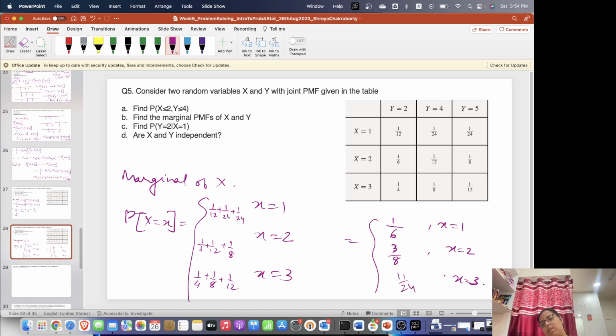If we add these three up, is it coming to 1? I hope you're getting this. Yes. So these values will give you the marginals of x. So similarly, find out the marginals of y.